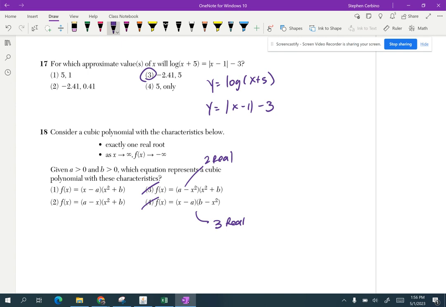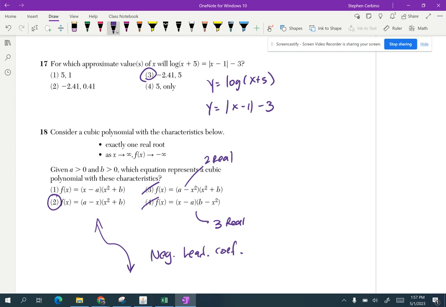They're saying as x gets bigger, the function gets smaller. So that means this cubic graph is going to be something like this, which we know has to have a negative leading coefficient. So now we're trying to ask ourselves which of these two options that are left have a negative leading coefficient, which is going to cause us to multiply x and x squared and produce a negative number, which is choice 2.